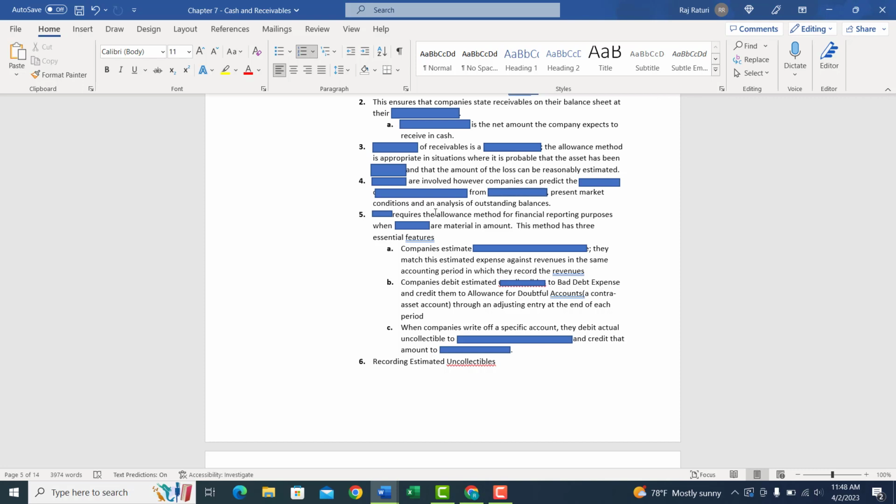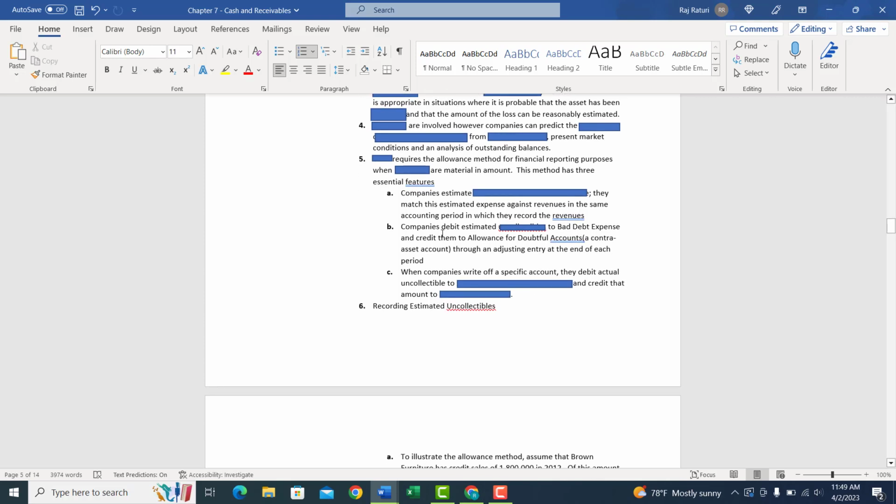Whenever you have an accounts receivable that's not material, it's immaterial, but when it is material, you use this method. And it is required by FASB. So whenever the uncollectibles or bad debts are material amounts.